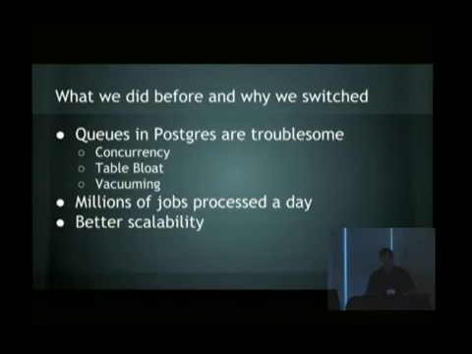Every time we made a change to a table in the database, we stuck an element in that queue that said, hey, you need to go and move this over to the data warehouse. We had a worker process that kept reading that queue. It worked okay, but we were getting up to the point where we were doing millions of these a day, and that began to really cause some problems with Postgres.